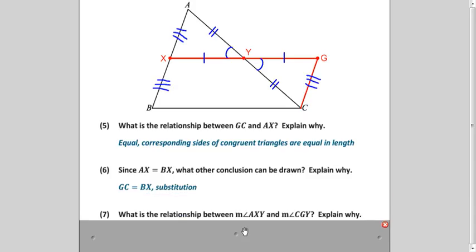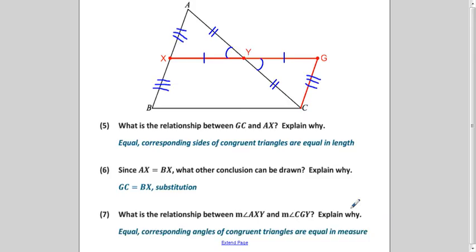And what do we know about this angle over here, AXY and CGY? Well, those are congruent because they're corresponding angles. So AXY and CGY.